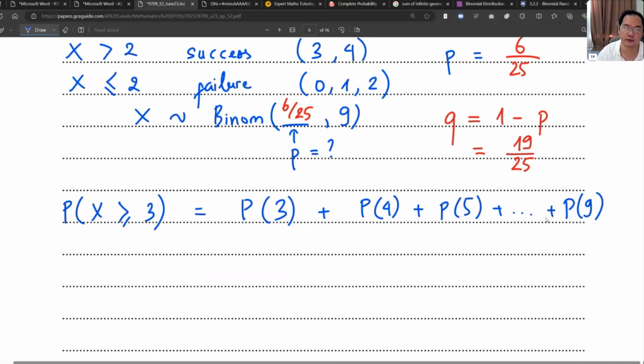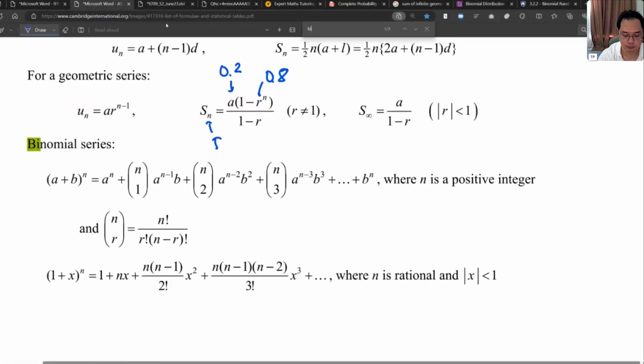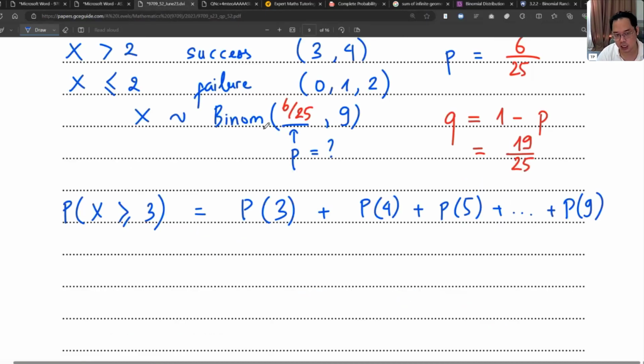And of course, we can calculate this probability, the sum of the 7 probabilities individually, and add them together to find the sum using the formula of the binomial distribution. We use this formula. But calculating the probabilities individually will be very long, because this formula also includes the combination nCr, and therefore calculating 7 terms takes a lot of time.